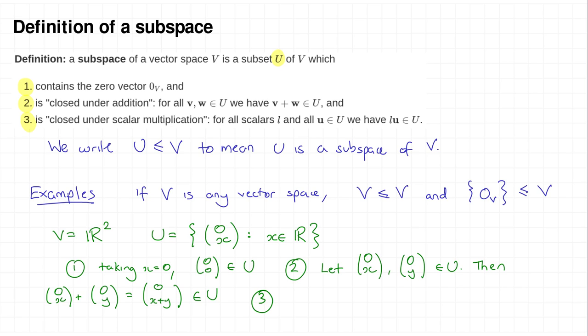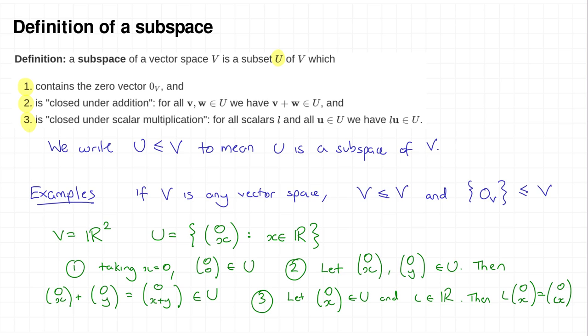And if we move on to property 3, closure under scalar multiplication, again, if we let (0, x) be any element of U, and if we let L be any real number, then the scalar multiple L times (0, x). In the first place I get L times 0, which is 0, and in the second place I get L times x.